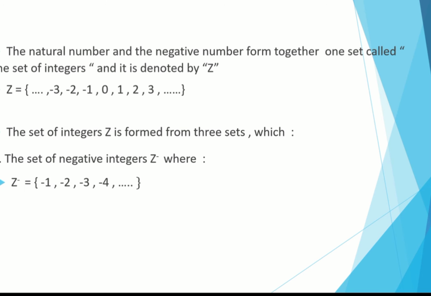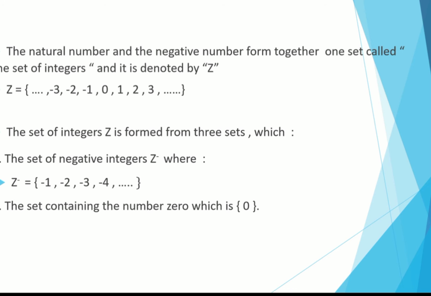The first set is the set of negative integers, which we denote by Z negative, where Z negative equals negative 1, negative 2, negative 3, negative 4. And just to remember what we said before, negative 3 is smaller than negative 2, and negative 2 is smaller than negative 1.